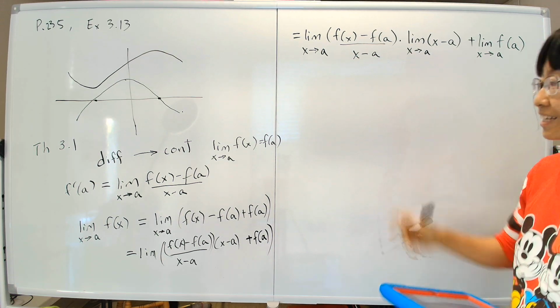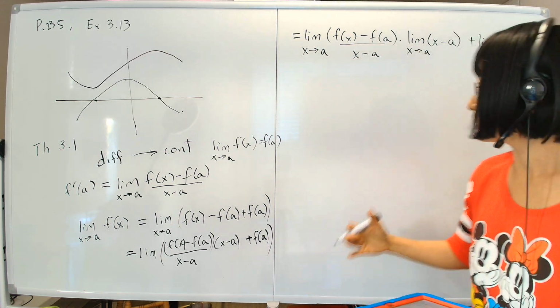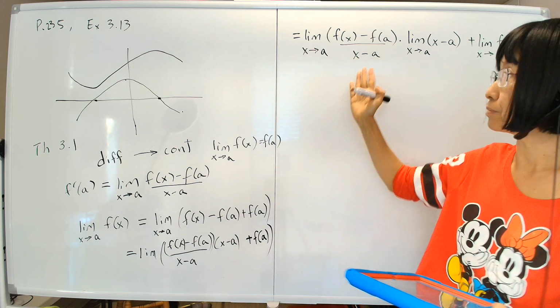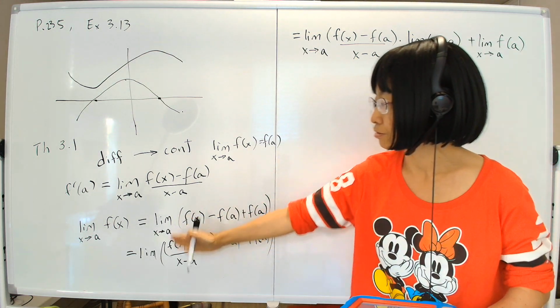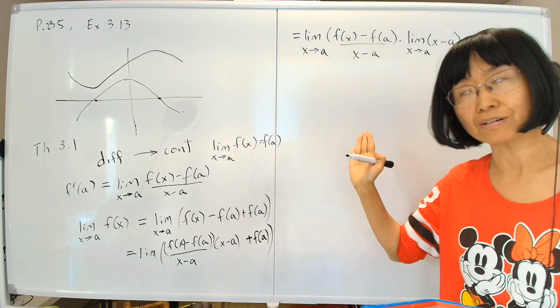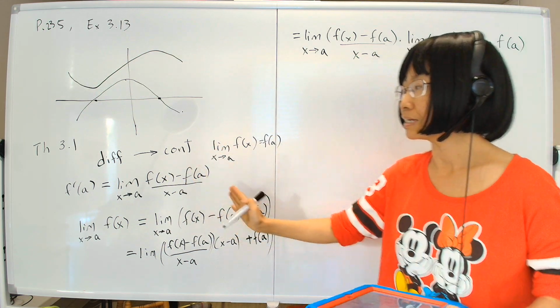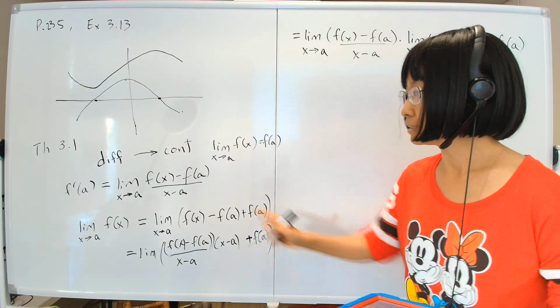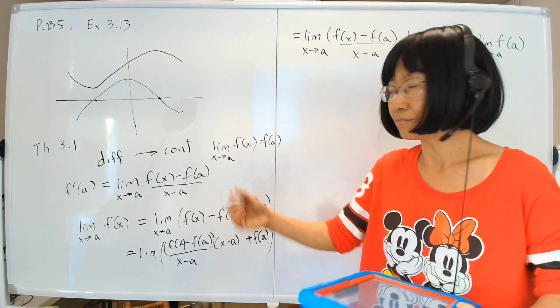Now this seems like a fancy and neat trick, but it isn't done at random, because the goal is to make something look like this. We have to use this in order to prove our result, because the whole point is differentiable means continuous. If that is true, then we have to use the fact that it's differentiable.